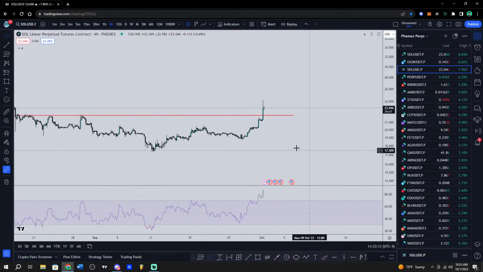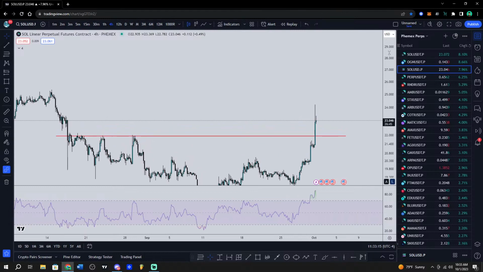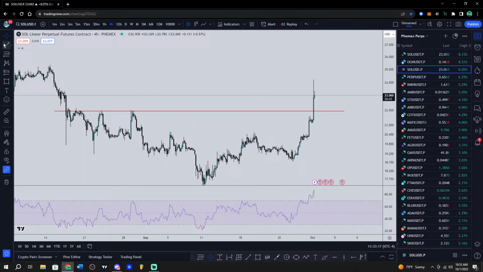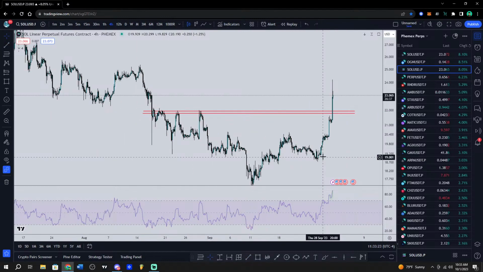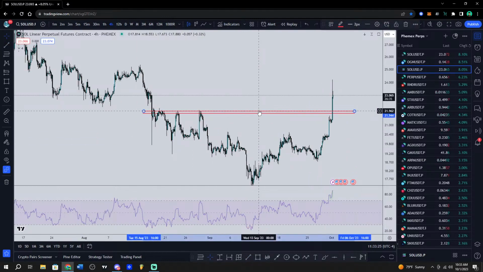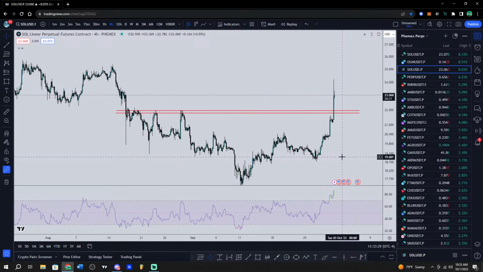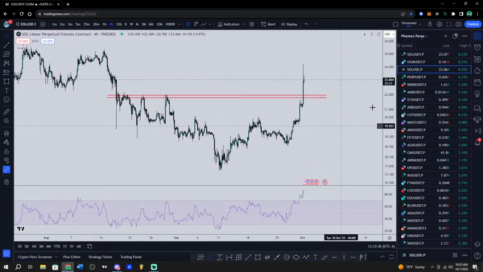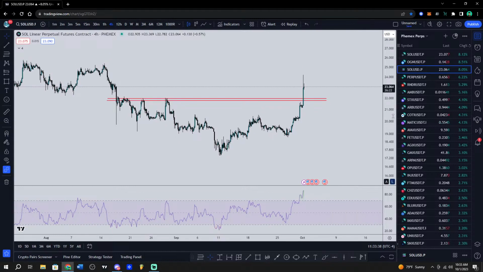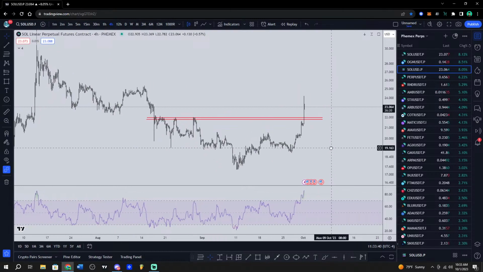I would be looking for a possible back test of that level on Solana. Looking for a back test there. If we don't get it, we don't get it. You miss the move. You look for the short. But this, we're probably already looking for the short.